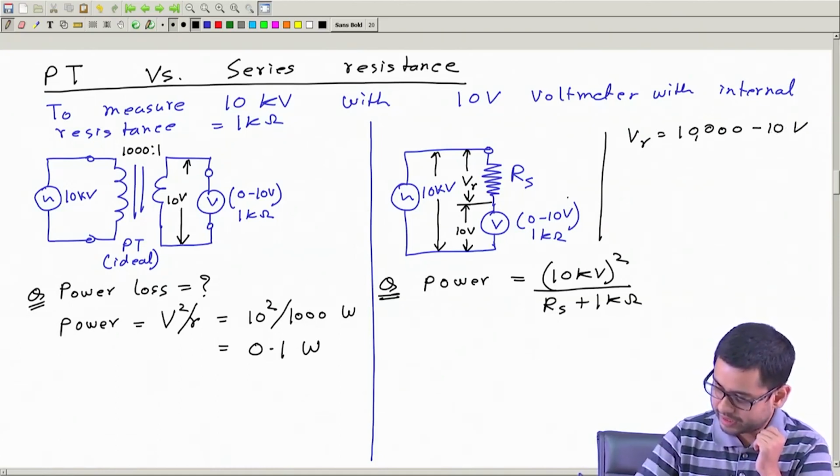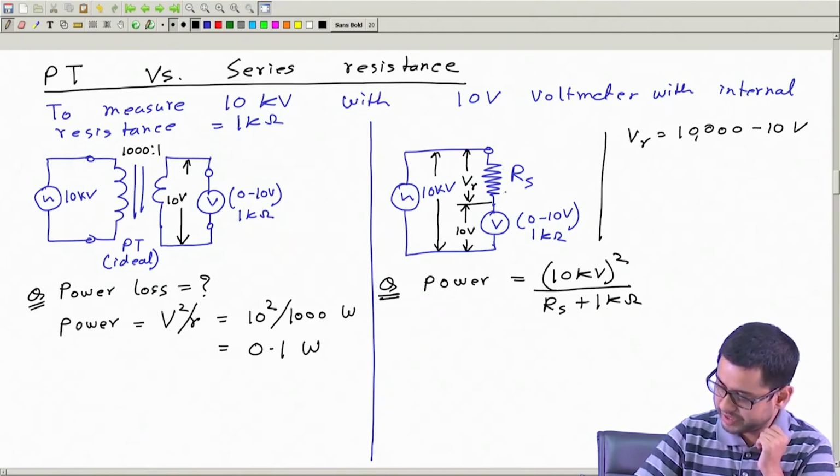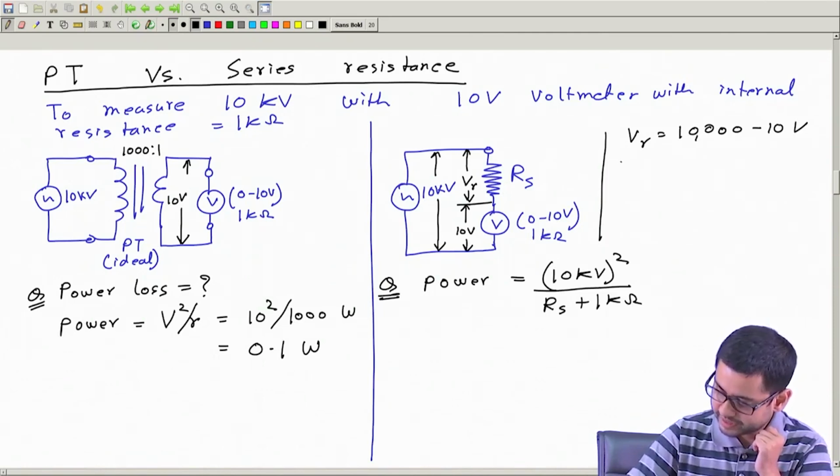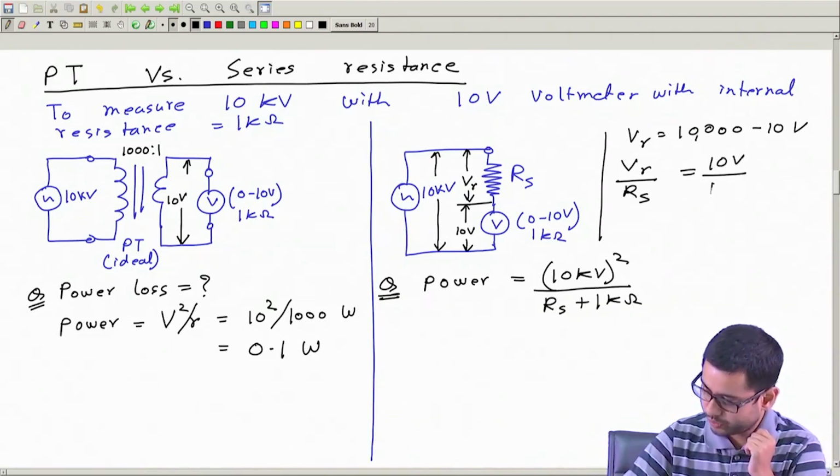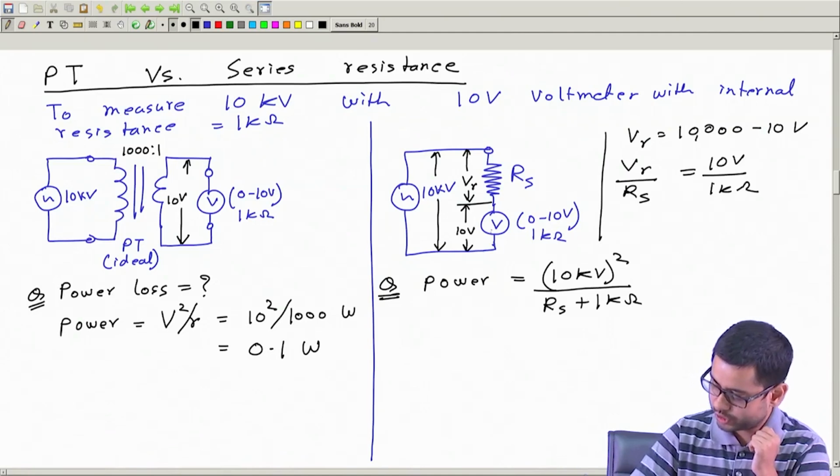Okay, and so how much should be Rs? We can write that VR divided by Rs, which is this current, should be the same as 10 volt divided by this resistance 1 kilo ohm, because this is also the same current.